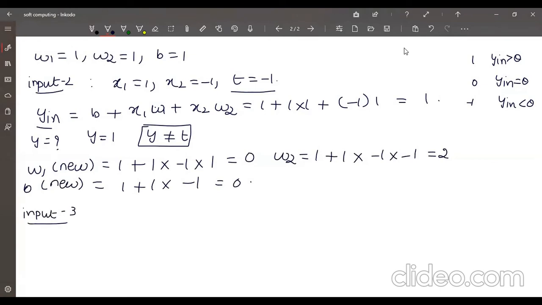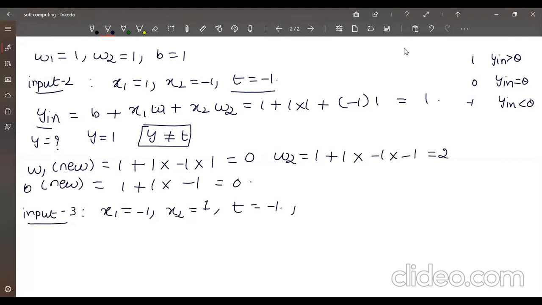For input 3, if you remember the question, x1 is minus 1 and x2 is 1 and target value is equal to minus 1.